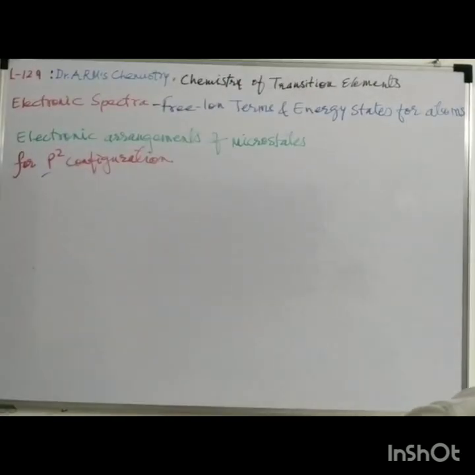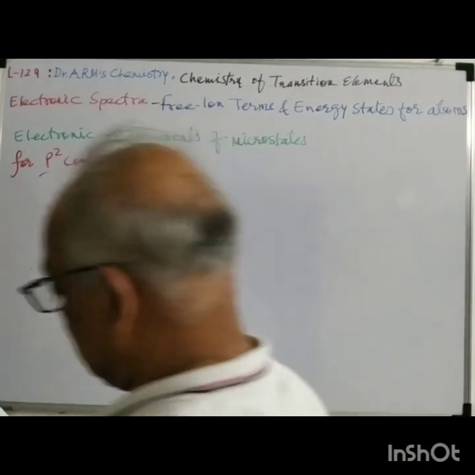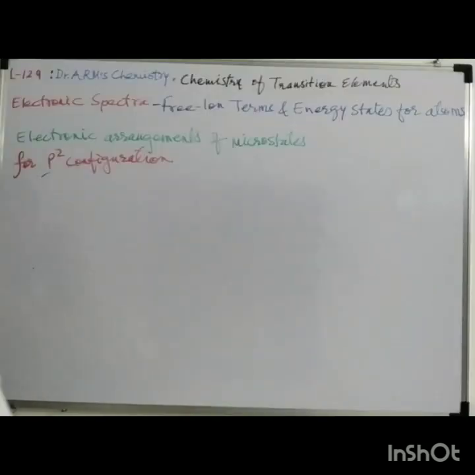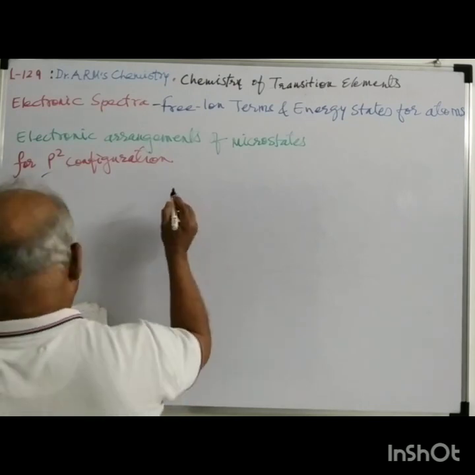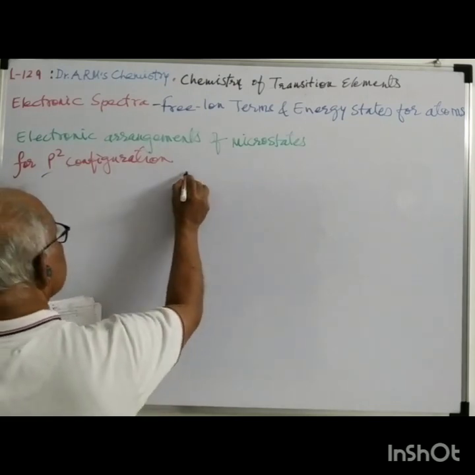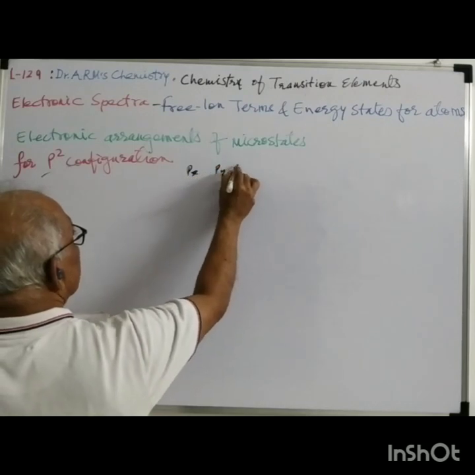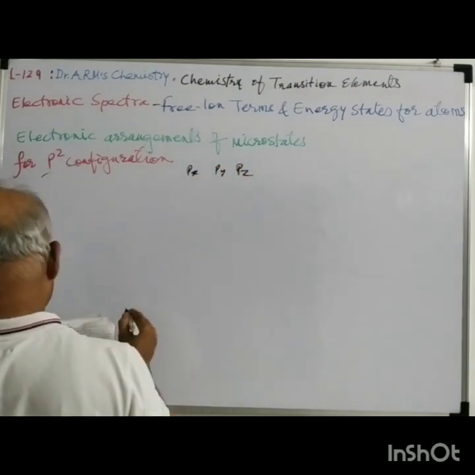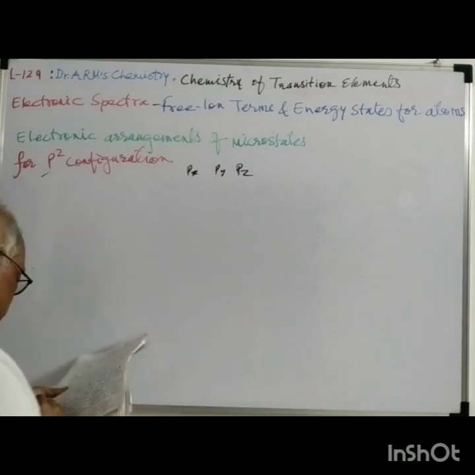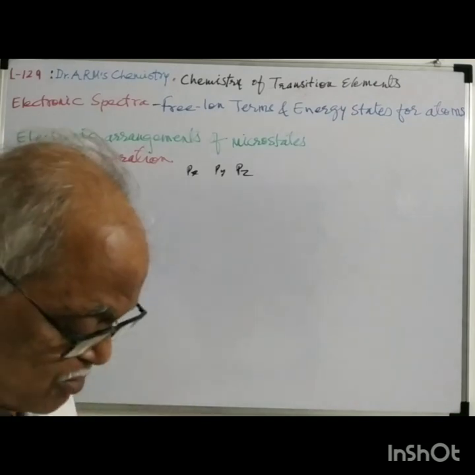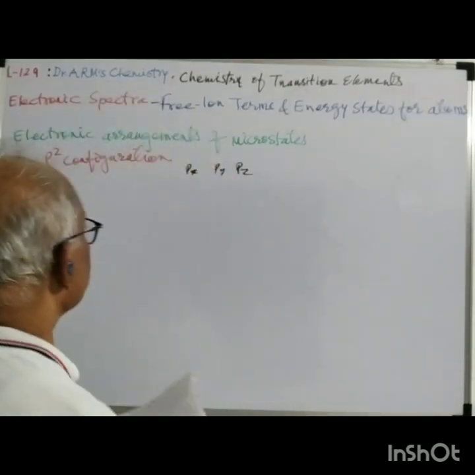So we can show these 15 configurations like this. If we are having, say, Px, Py and Pz orbitals, then we can have the distribution of electrons in this way.